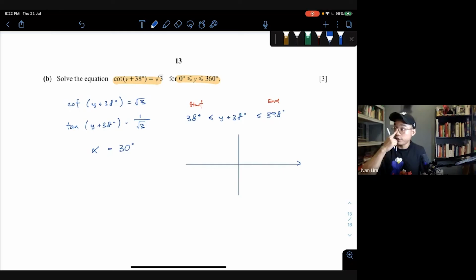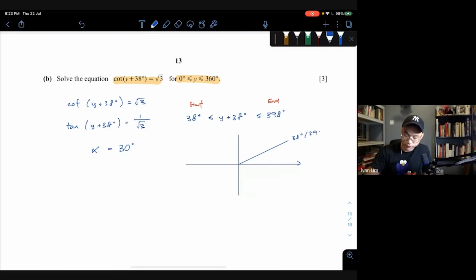Right now, you all have to listen carefully: my starting point is at 38 degrees, not 0 degrees anymore. So anywhere below 38 degrees, we don't want. But my ending point is extended to 398 degrees. So you can write it like that. This is my start and my end.